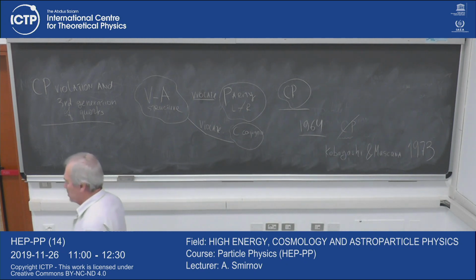And the idea was that the origin of CP violation is just the complexity of some coupling constants in the Hamiltonian. Simple, right?